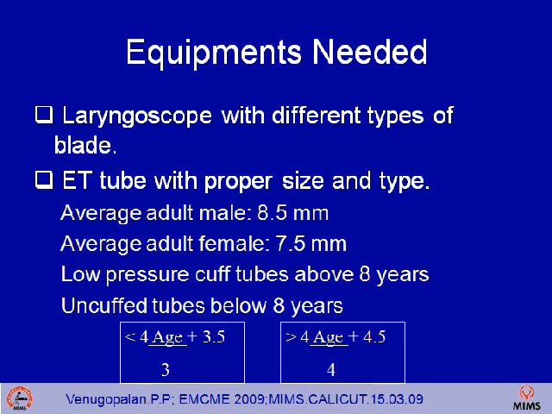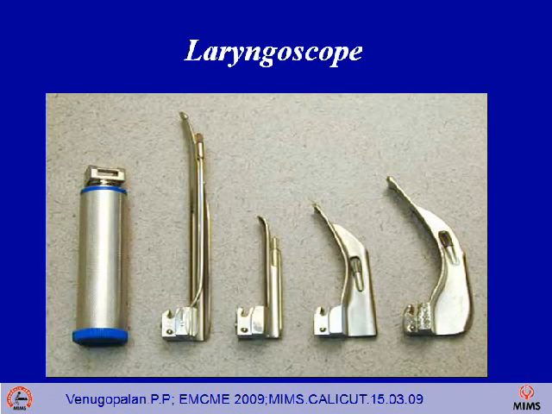Always try to keep one size above and below whenever you are approaching an intubation. Usually we use a low pressure cuffed tube for those above 8 years. Whenever you are dealing with pediatric cases, there are formulae to assess the tube size.